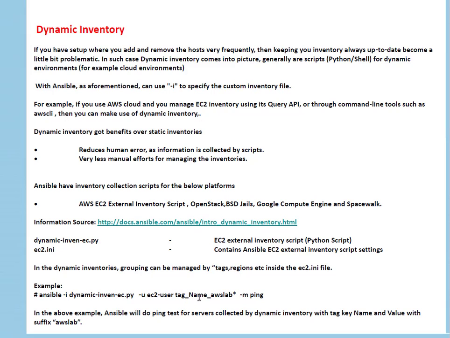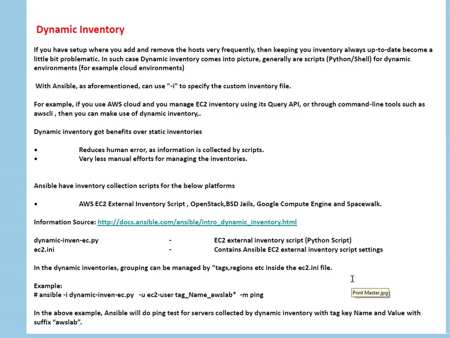I'm saying tag_Name is the key, underscore, the value AWS lab star. So I'm saying list or use the instances which have the tag key Name and tag value AWS lab star, meaning whatever comes after AWS lab, or you can say where AWS lab is the suffix.